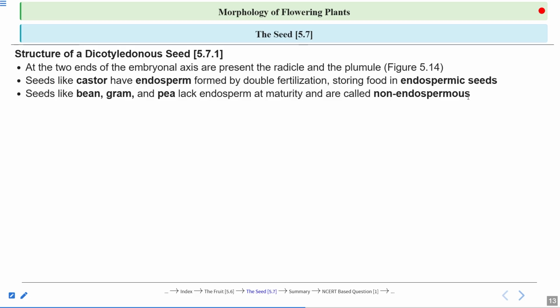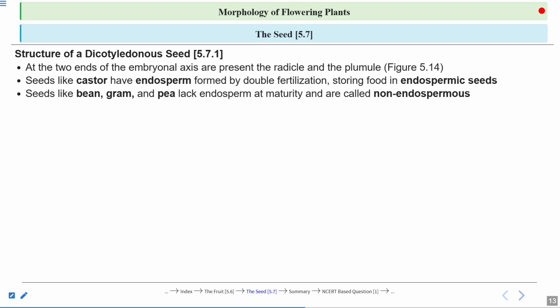Now you will ask where the nutrients are stored. They are stored in the cotyledons, because the nutrients were earlier in the endosperm also, but that nutrient got used up during the development of the seed.